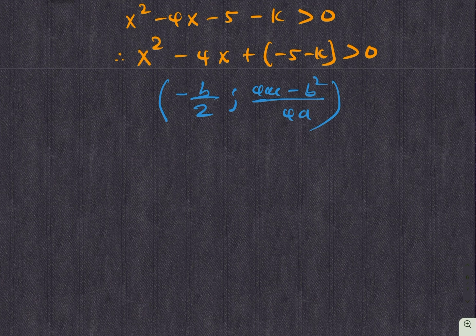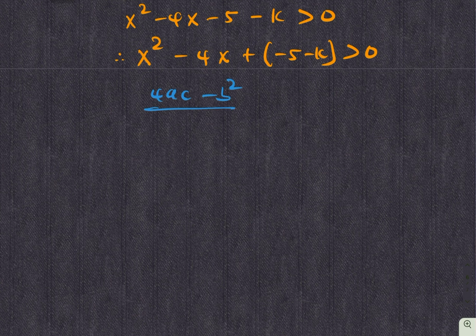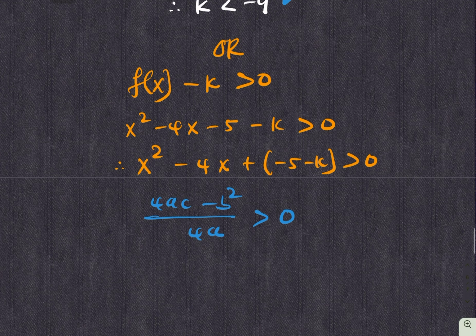This is where you're going to get the maximum. I think here it's going to be the minimum of it. So now what I will do is take the y value of it, which is 4ac minus b squared divided by 4a. It should be bigger than 0 as per the question. For which value of k will this be bigger than 0?